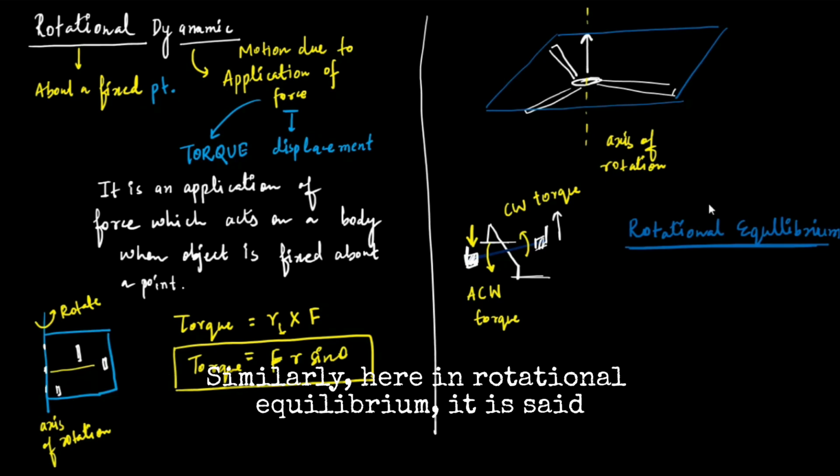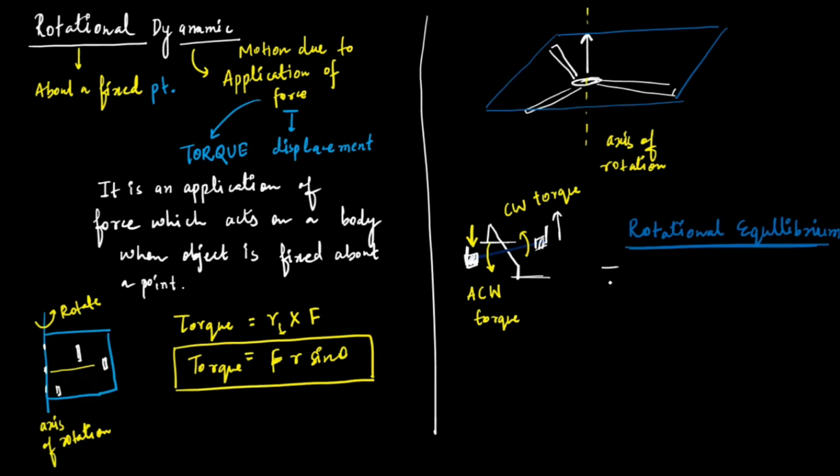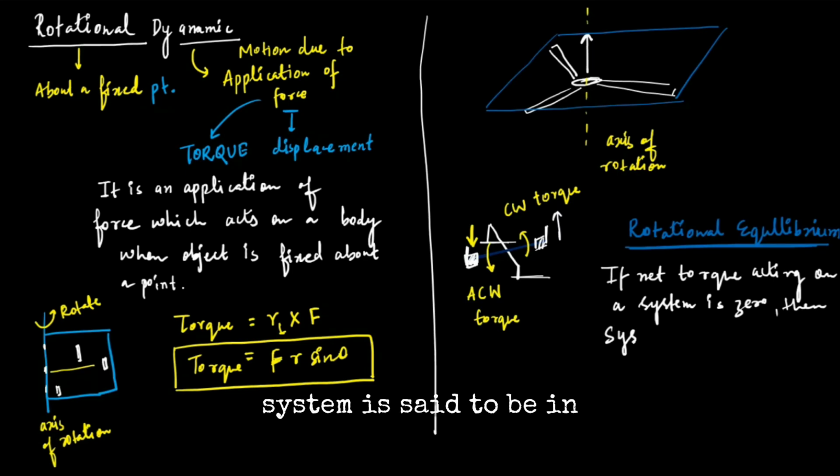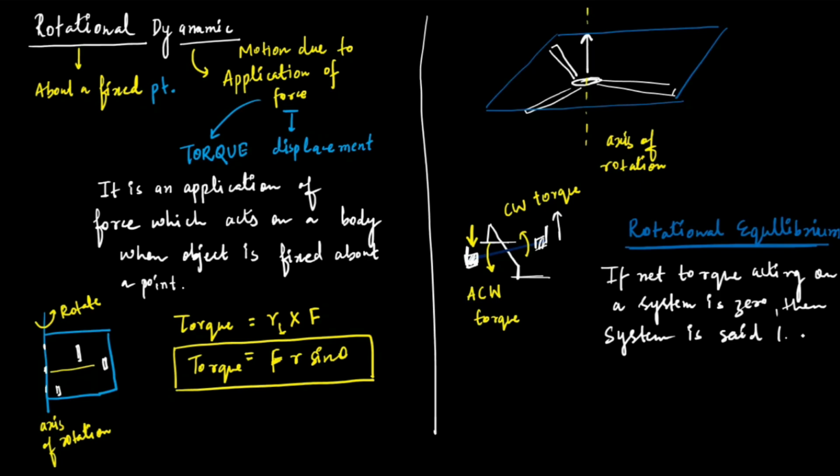Similarly, in rotational equilibrium, if the net torque acting on a system is zero, then the system is said to be in rotational equilibrium.